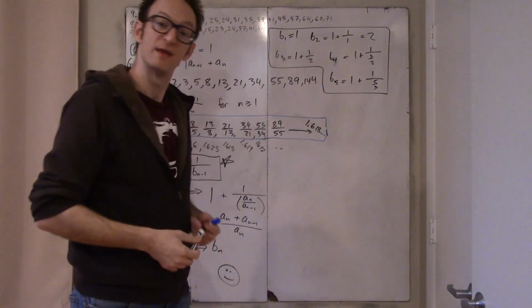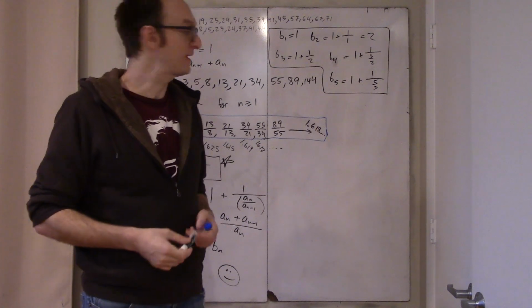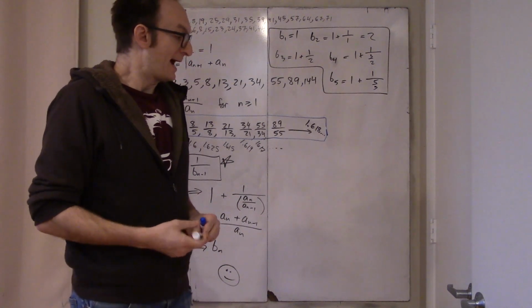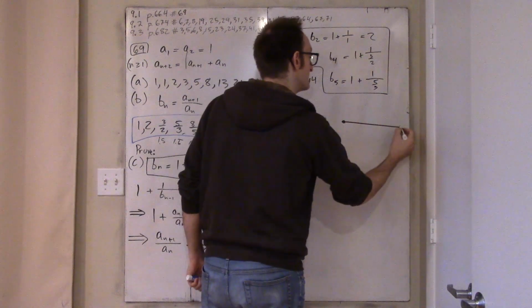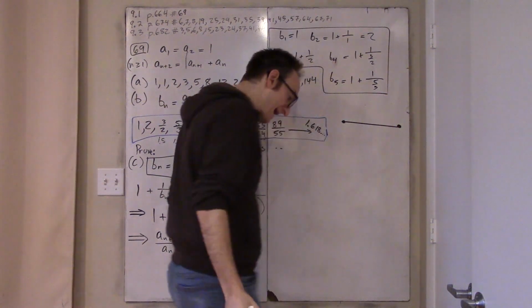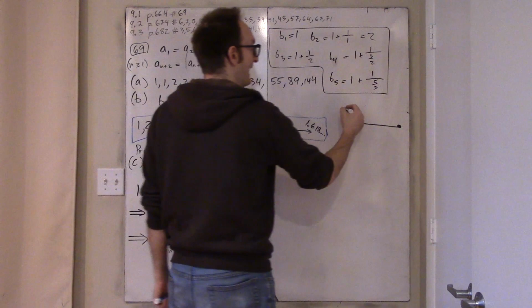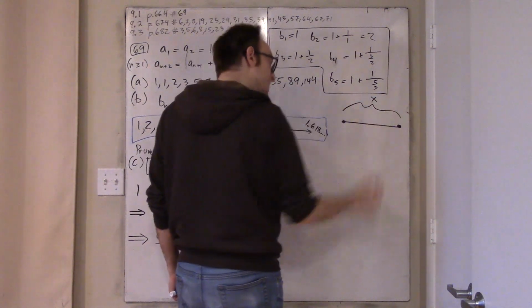And there are a couple different ways of thinking about phi. The traditional way of talking about it is you have some kind of segment, and the segment has some kind of length, say x.